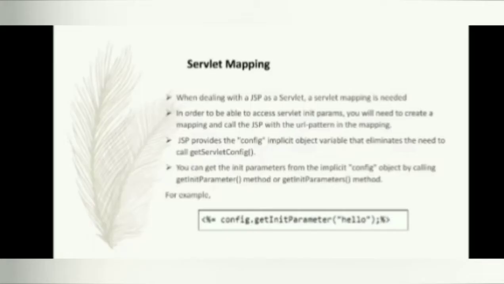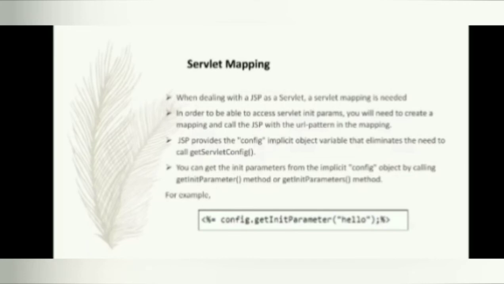What is servlet mapping? Servlet mapping specifies to the web container which Java servlet should be invoked for a URL given by a client. It maps URL patterns to servlets, and when there is a request from a client, the servlet container decides to which application it should forward.